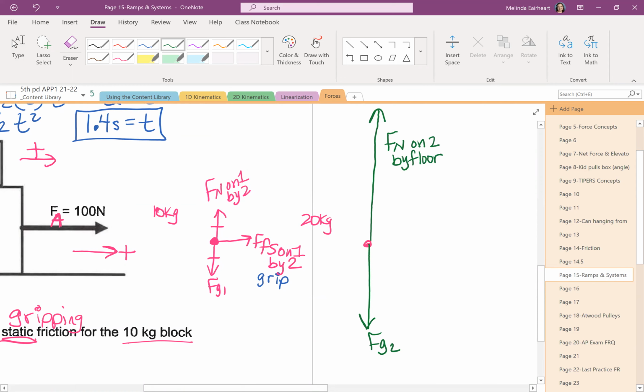And it's actually alluding to a third diagram. Is the floor only supporting block 2? Isn't it indirectly supporting block 1 as well? And so if we think about block 1, it is pushing what direction on block 2? What would we say that direction is?